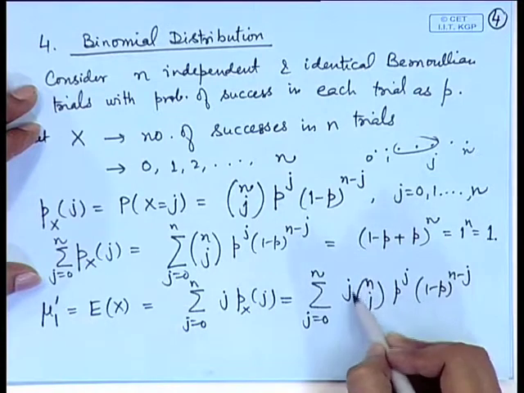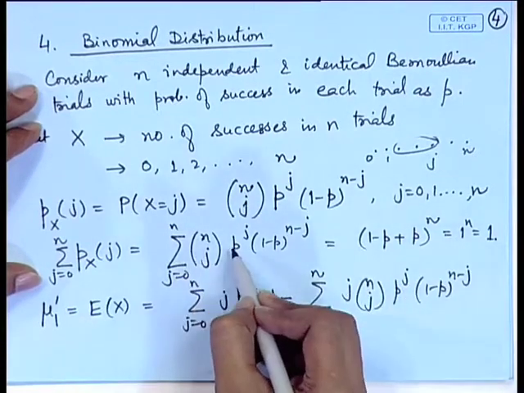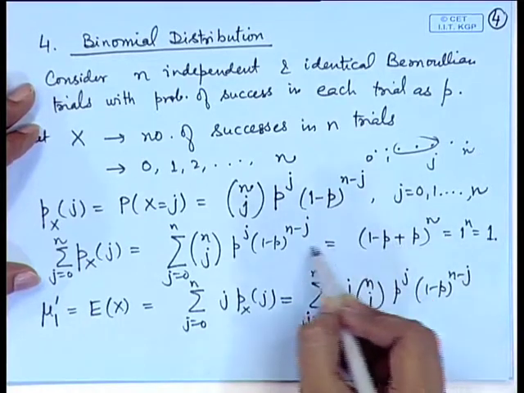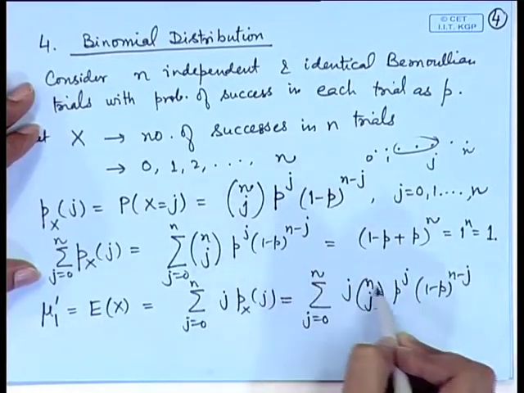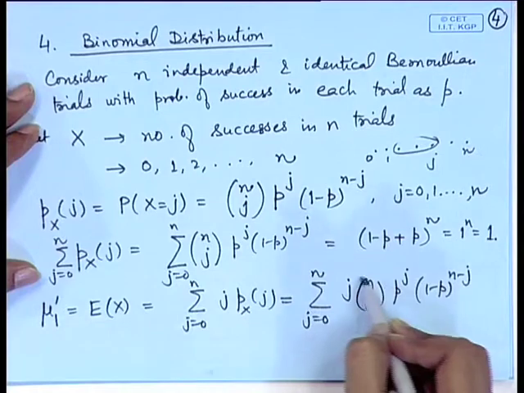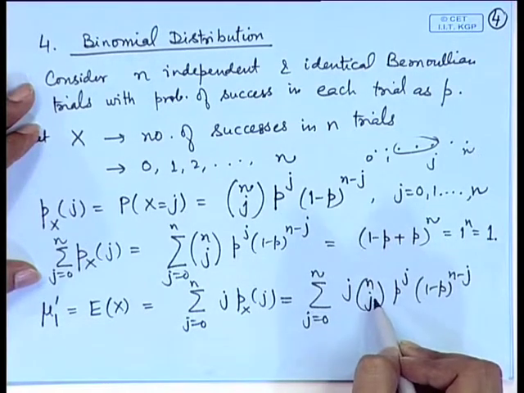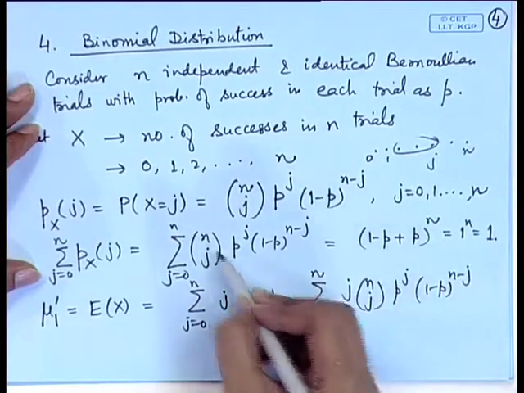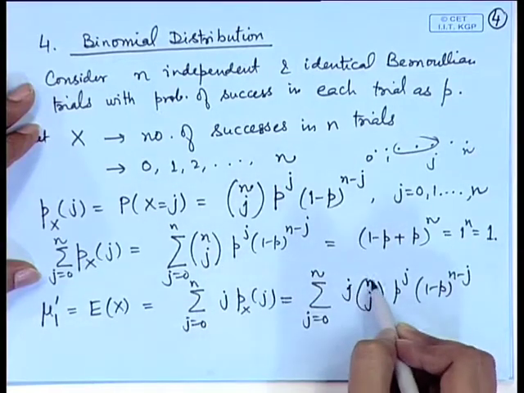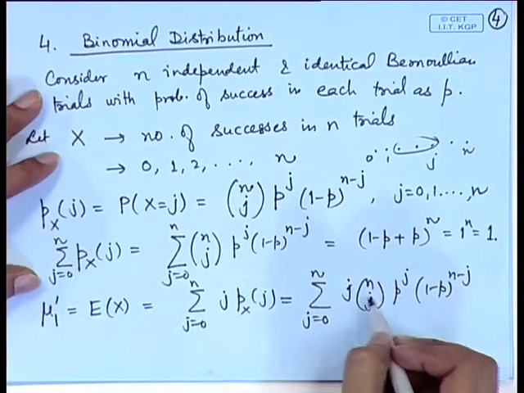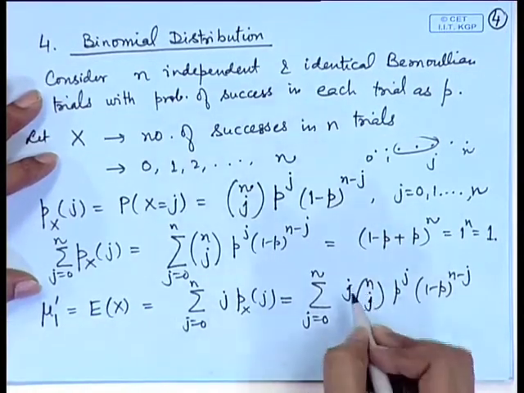Now, if we look at this sum and compare it with the sum of the distribution taken in the previous statement, it is required here that I should make this particular term a binomial coefficient term. Here it is j into nCj. So, somehow it has to be adjusted. For this we make certain observations.